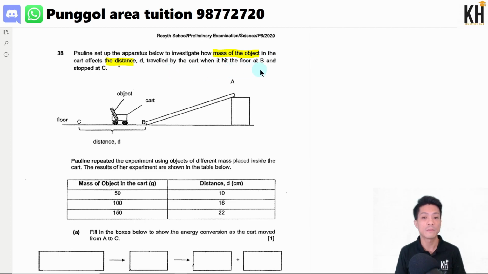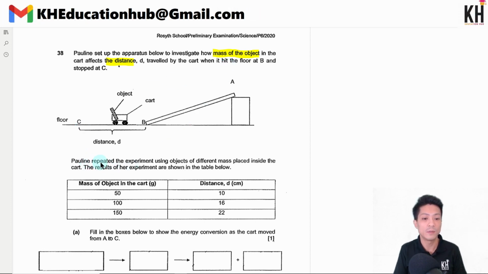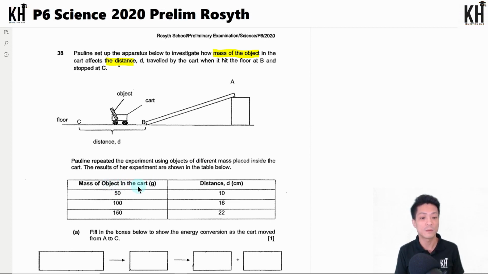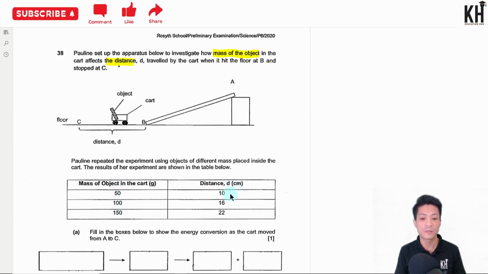Okay, when it hits the floor at B and stops at C. Pauline repeated the experiment using objects of different mass placed inside the cart. The results of her experiment are shown in the table below. Okay, so the mass of the objects placed inside the cart is 50 grams, 100 grams, 150 grams. You can see that the distance traveled is increasing from 10 to 16 to 22.